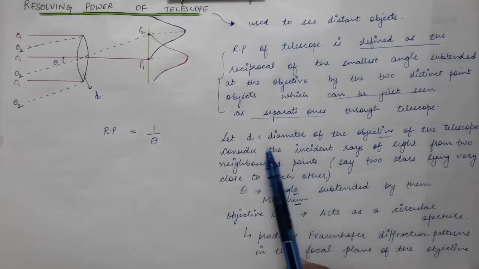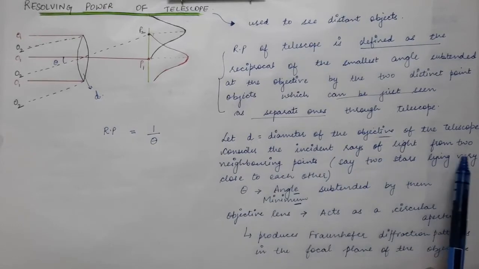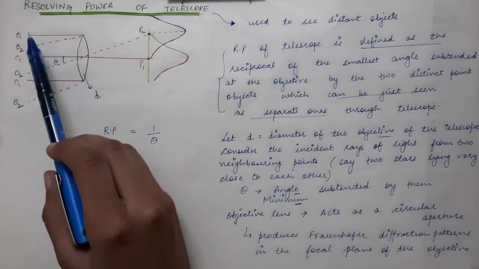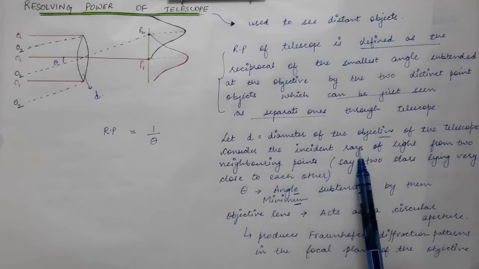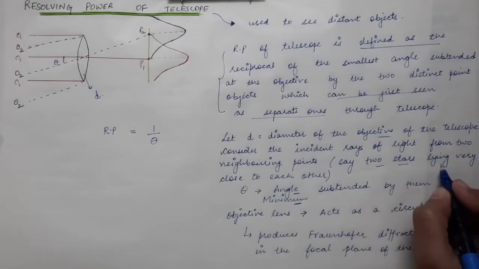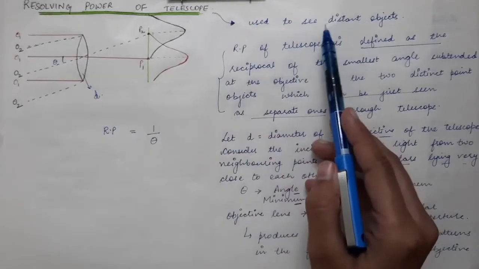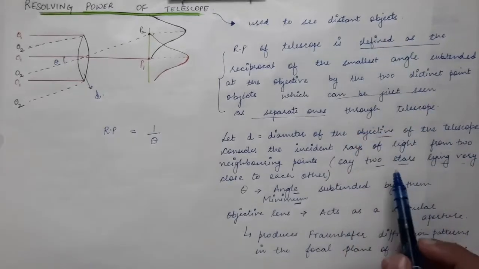We consider the incident rays of light from two neighboring points, as I have already said, from which the incident rays fall on the objective lens. So they can be two stars which are lying very close to each other. As I have said, the telescope is used to view distant objects, and these distant objects can be two stars in the sky.